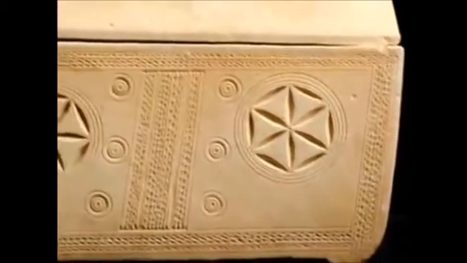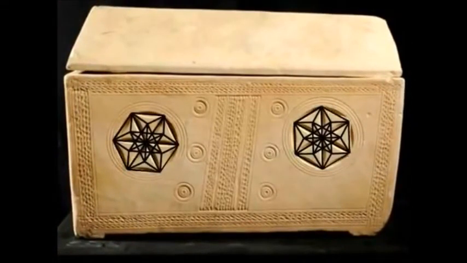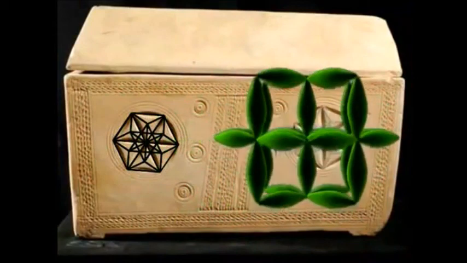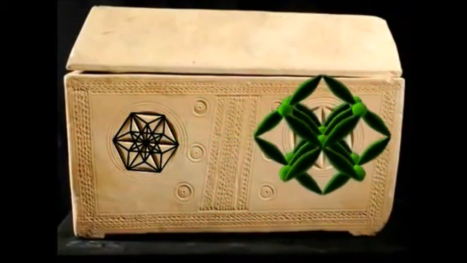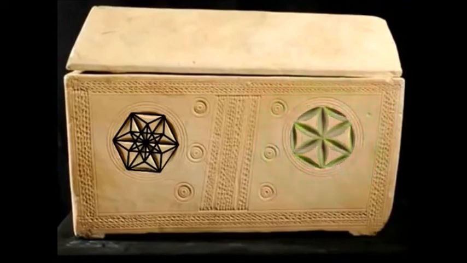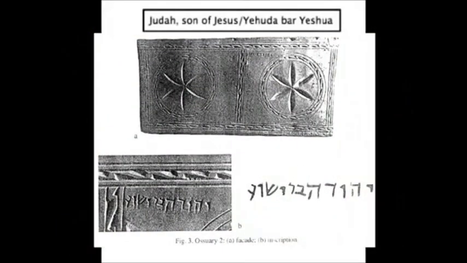Indeed, once again we find the very structure of the cuboctahedron or vector equilibrium engraved on an ancient artifact. It is even carved in such a way that the lobes or petal structures of the matrix are apparent in 3D. The same typical geometry is found on other ossuaries, one of which is marked Judah, son of Joshua.